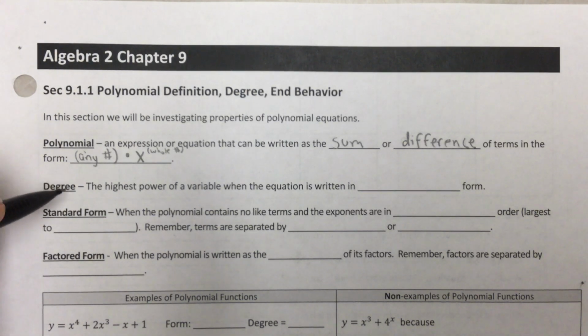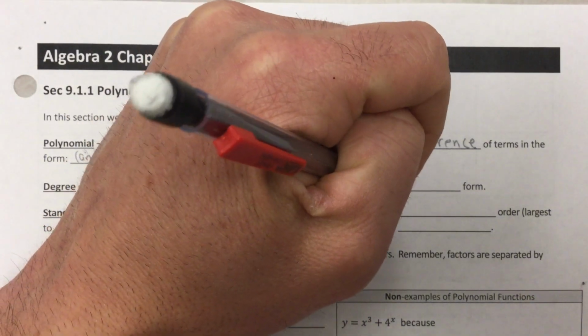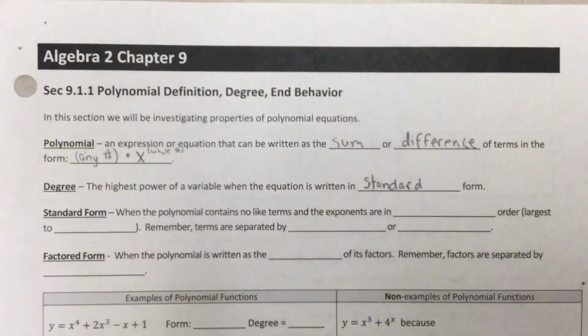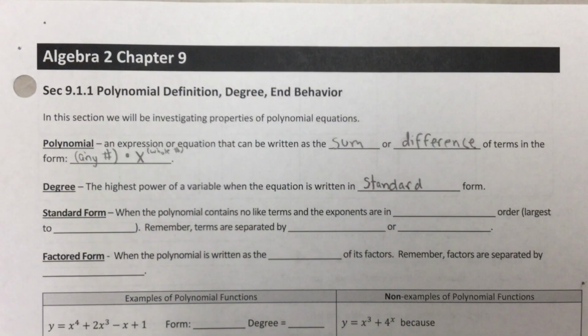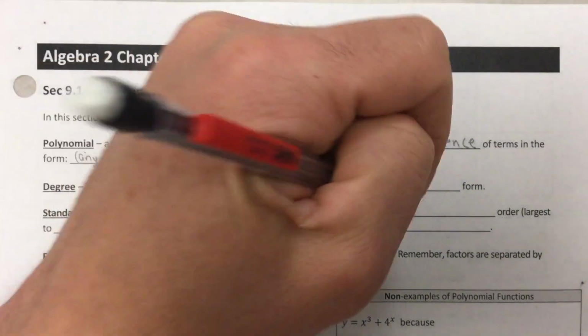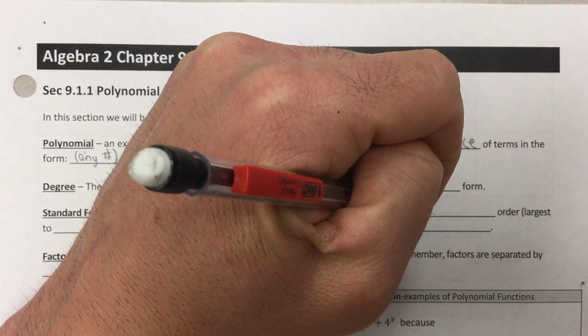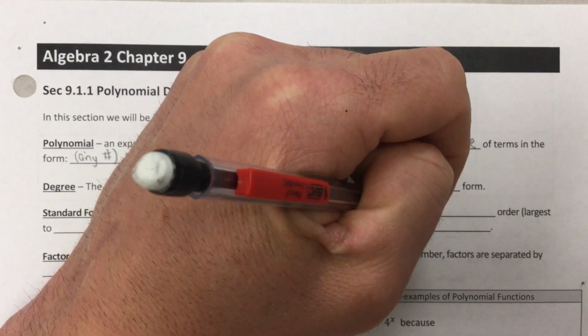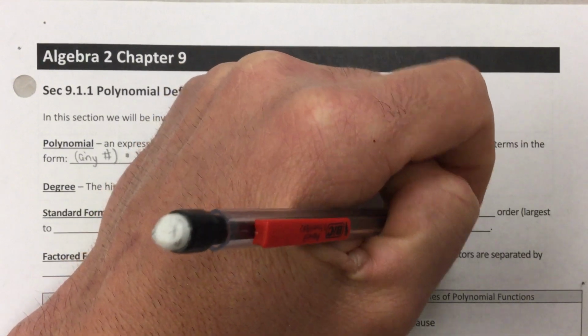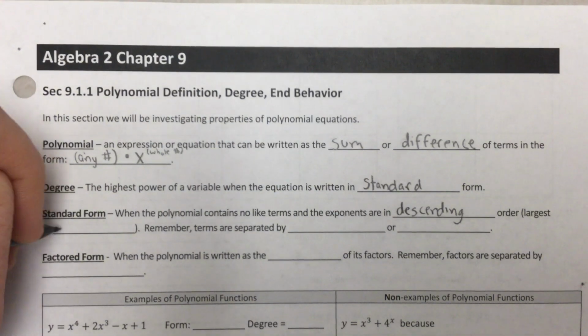The degree is the highest power of a variable when the polynomial is written in standard form. So it's the highest power of a variable. Standard form is when the polynomial contains no like terms and the exponents are in descending order. And again, descending order means largest to smallest.